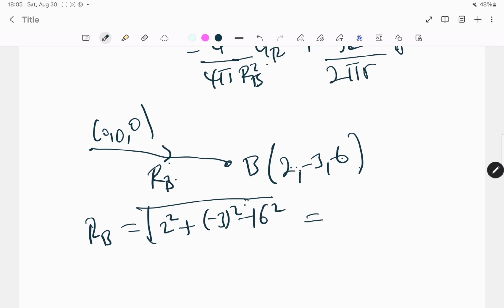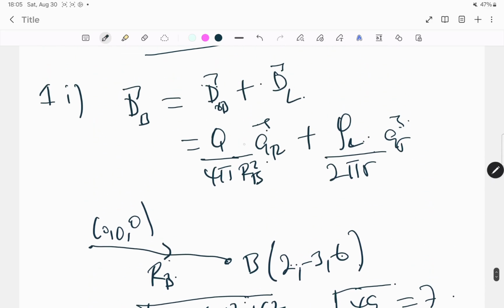So what do we get? We get 4 plus 9 plus 36, which is the square root of 49, which is 7. So we get 7 here. Now I'm done with this.